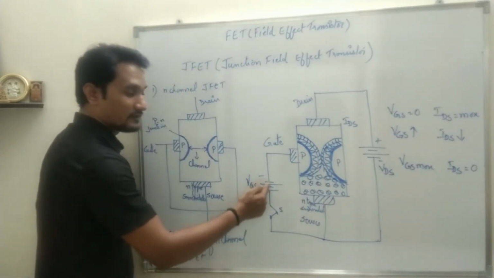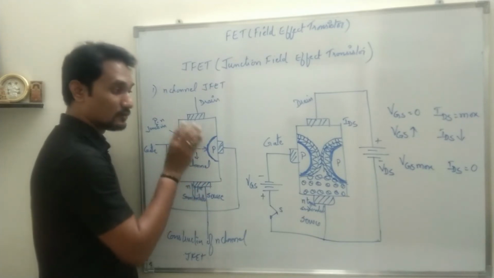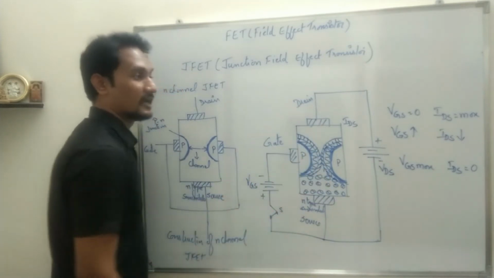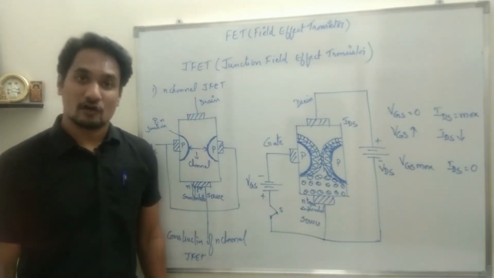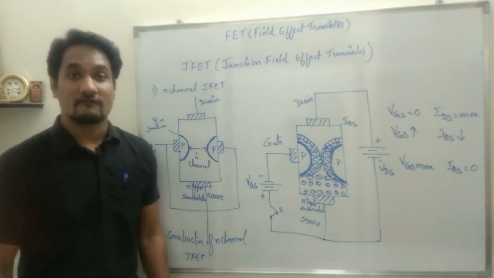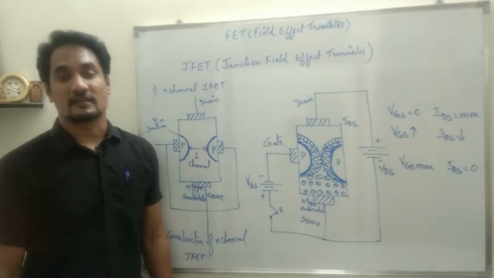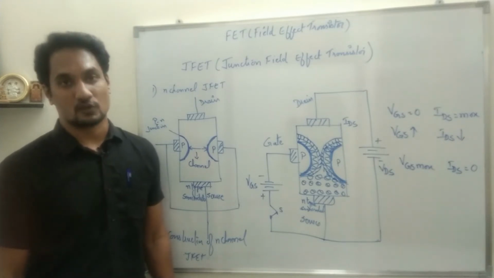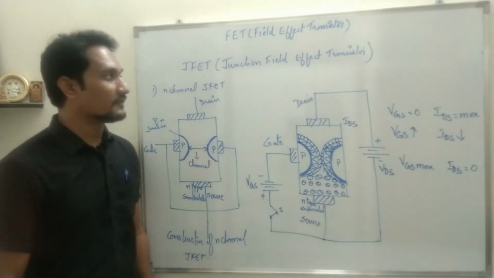As you keep on increasing VGS, the depletion layer width will increase, the channel width will decrease, and the current flowing from source to drain can be controlled. So this is also a transistor where the external voltage or external field which has been applied controls the amount of current flowing through it. So this is all about junction field effect transistor.